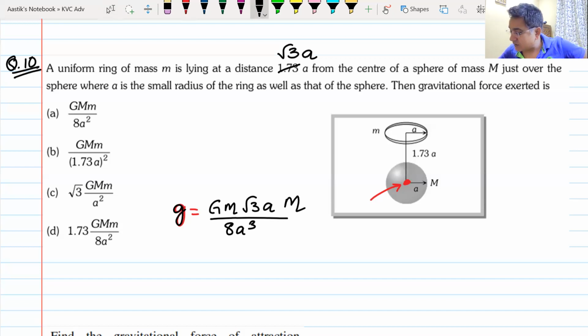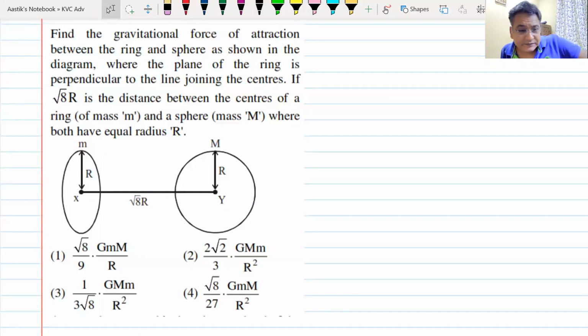And I think your answer would be D in this case. Yes or no? Similar to what your answer would be here. Now, can you tell me what is going to be your answer in this case? You have got 1 minute.